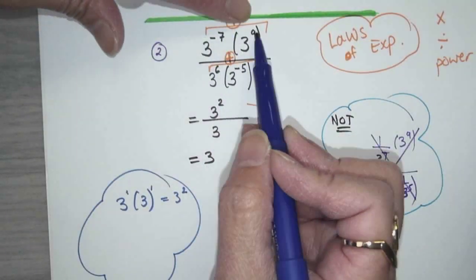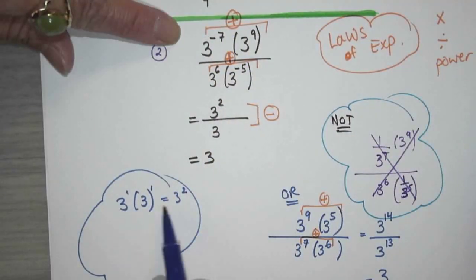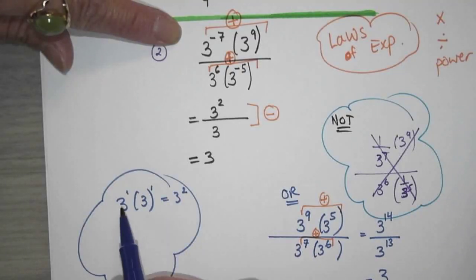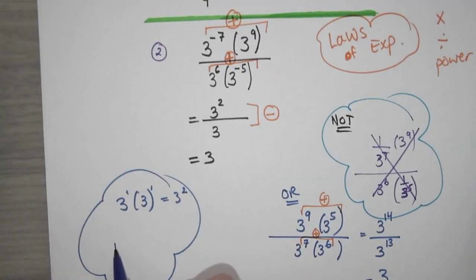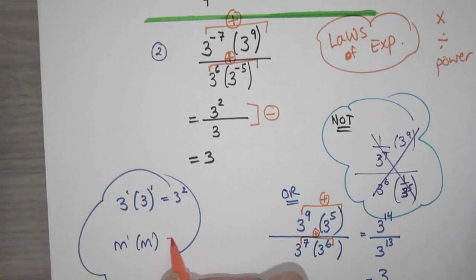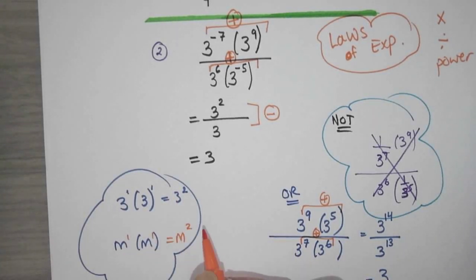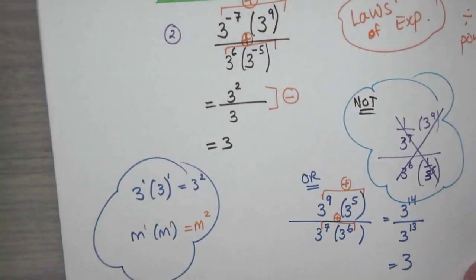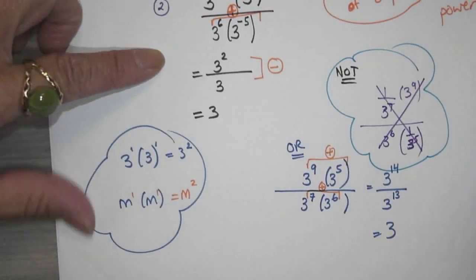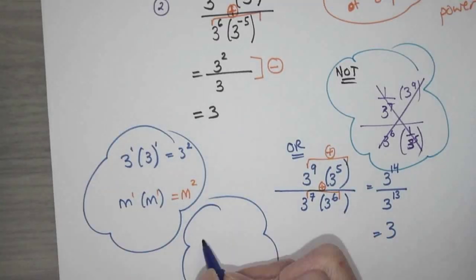It already has an exponent, so only do the exponents once. This is what you're thinking of, right? 3 to the 1, if there was a 1. And again, look, if I had m and m, you know it's a 1 and a 1, so that would be m squared. Just think of the number as replacing the 1. So you're not going to do the number again. A lot of people get this mixed up.